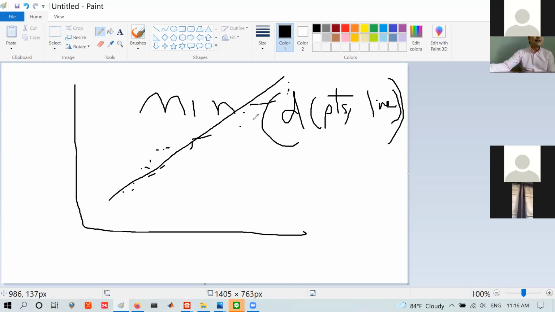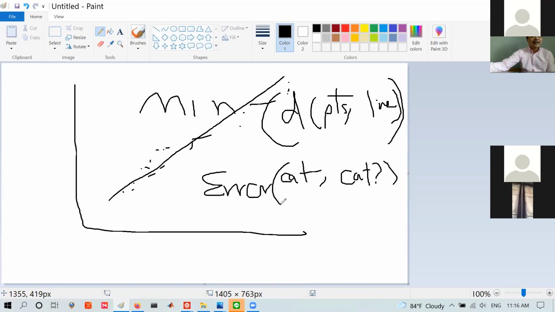And instead of a distance between a point and a line, it's some kind of error rate. A model has to say, this is a picture of a dog, this is a picture of a cat, this is a picture of a mouse, this is a picture of a lion.